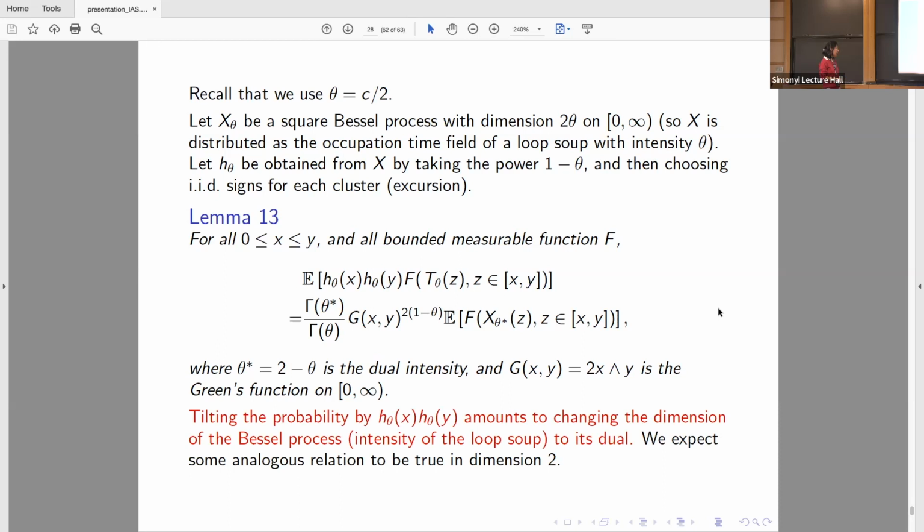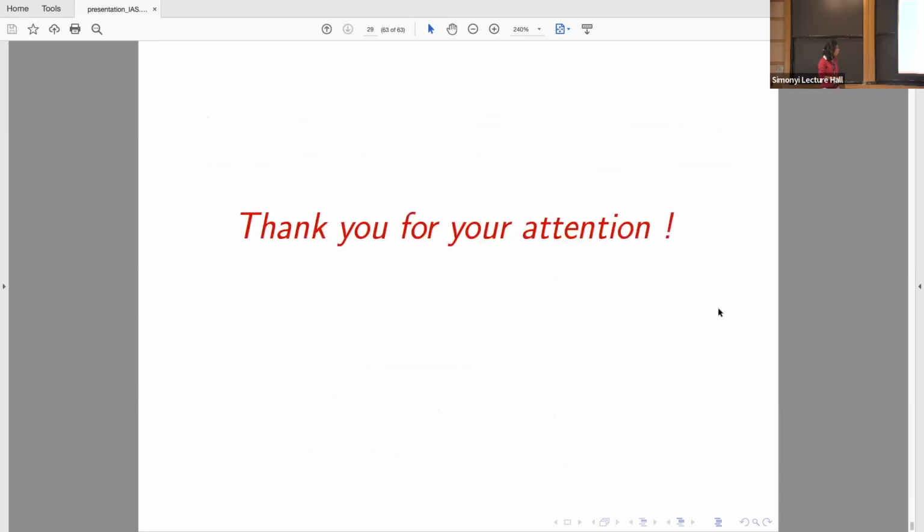And we expect some analogous relation of this type to be true also in dimension 2. So it is still somewhat vague, but I hope a convincing reason why this is the correct thing to take the fractional power.